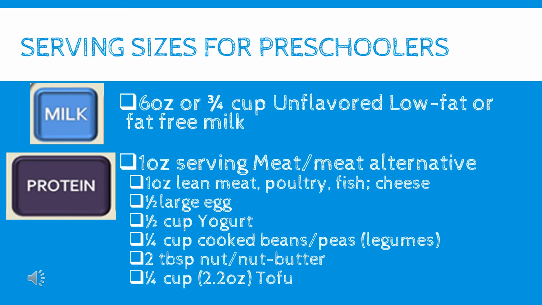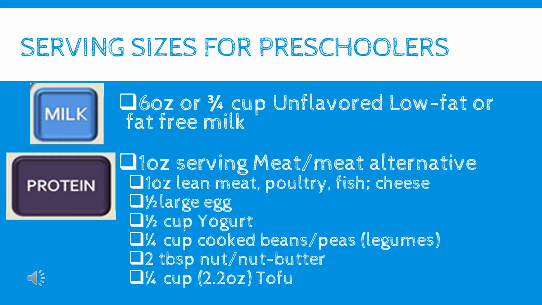Next, let's go over the serving sizes for preschoolers. First, we're going to go through milk. The portion size for milk is 6 ounces or 3/4 a cup of unflavored, low-fat or fat-free milk.